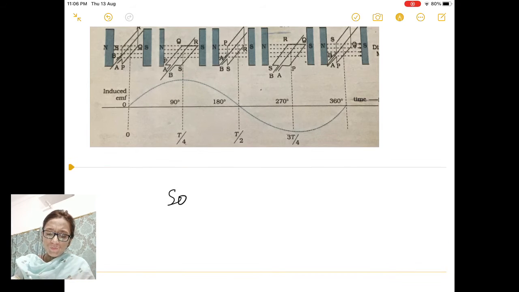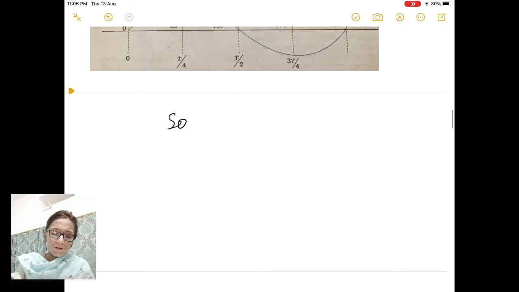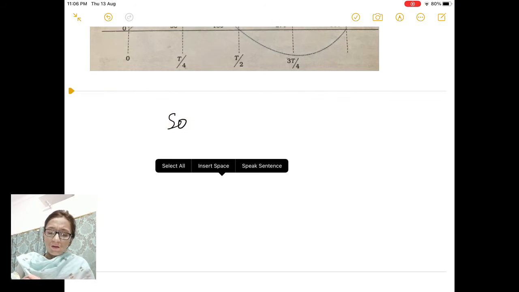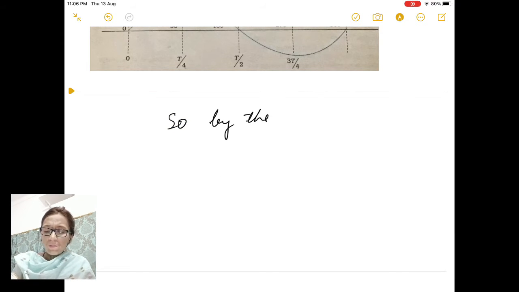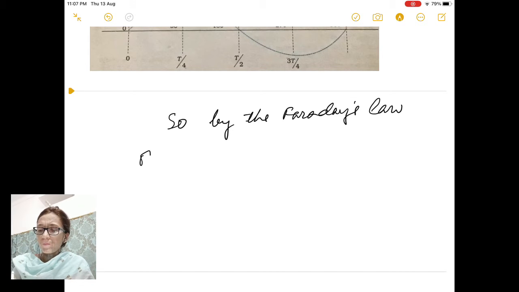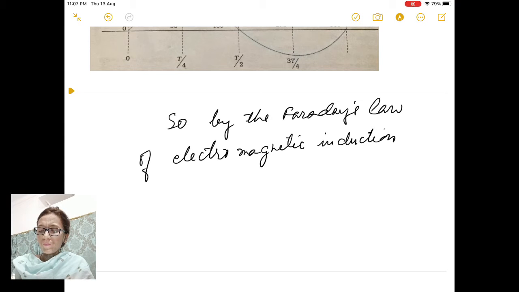So by Faraday's law of electromagnetic induction, an EMF is induced in the coil, which is equal to minus the rate of change of flux.